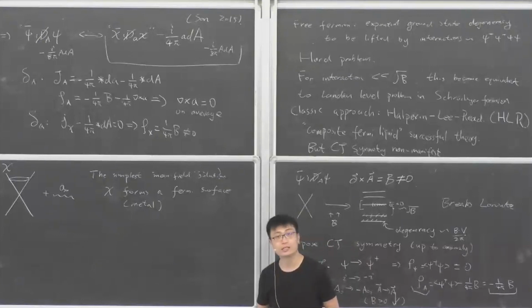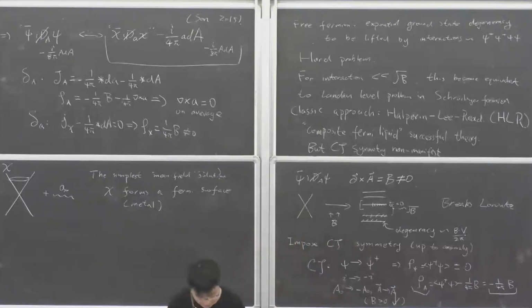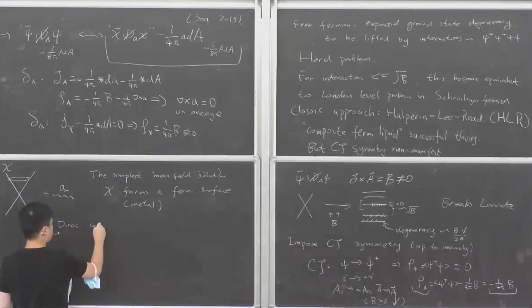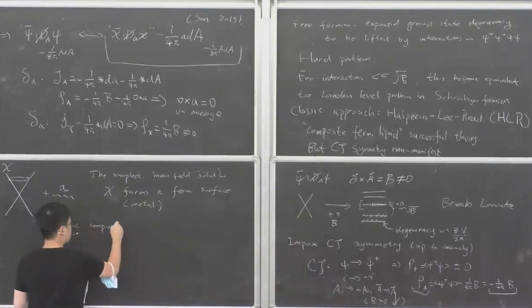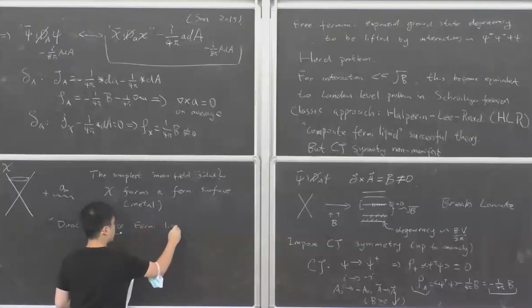But at least I think the consensus is that this state is stable. It's not going to collapse into some completely different fixed point under RG. So this theory is known as the Dirac composite Fermi liquid.